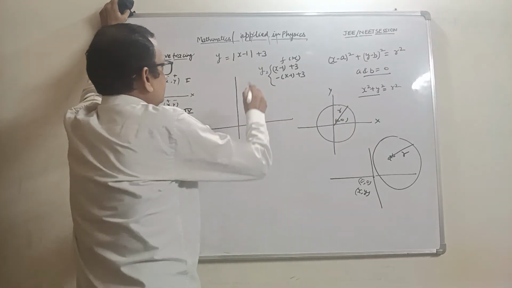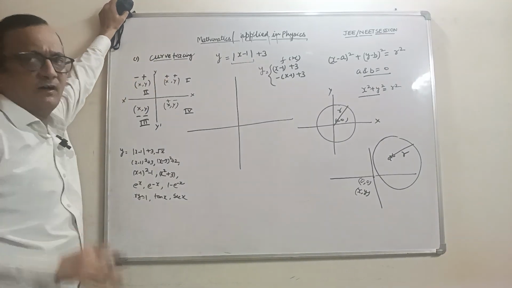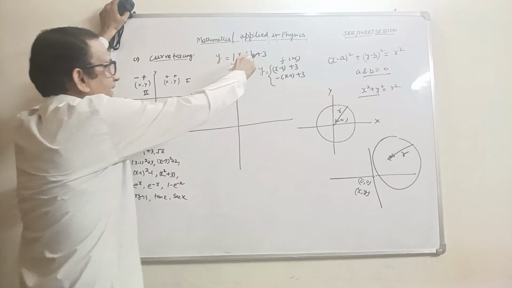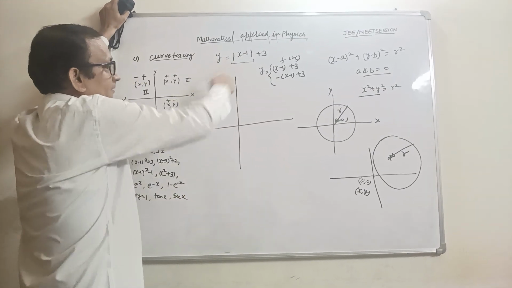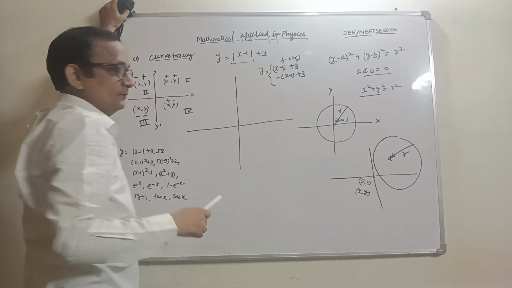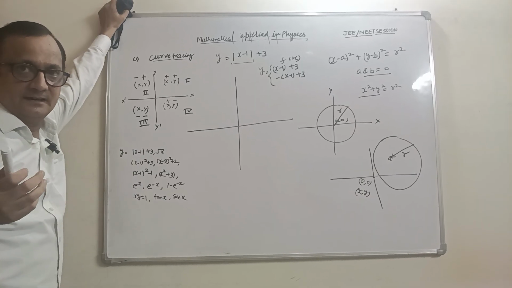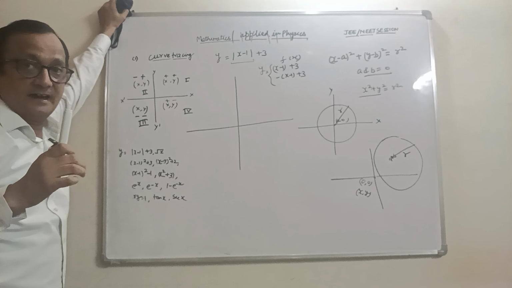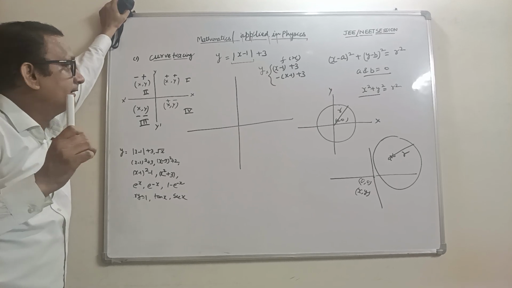So in this scenario, we take this, and we know the y-axis intercept is 3, and x minus 1. So this is the shifting of y. We know the intersection of the y-axis is c, and the height from the x-axis of the y coordinate point would be 3 here.